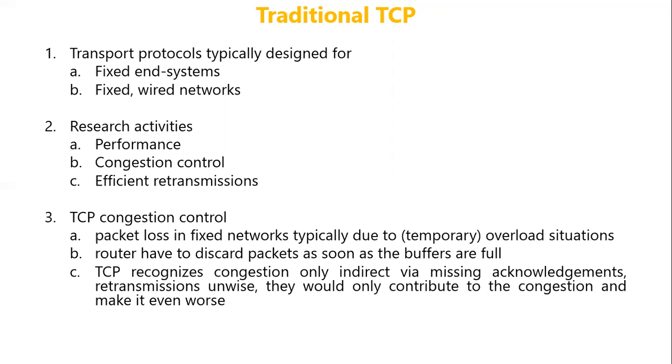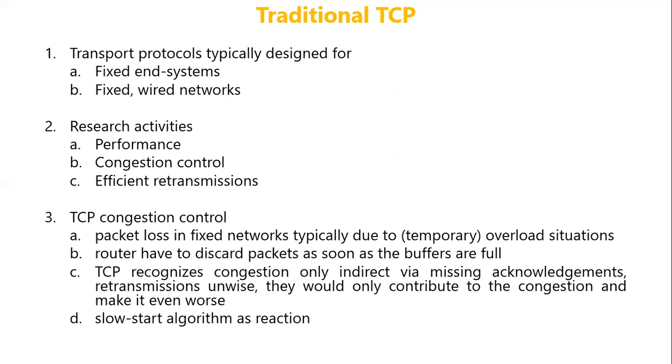So what traditional TCP does is, whenever there is a packet loss, it will be identified by the missing acknowledgement. Whenever there is a packet loss, the receiver notices a gap.